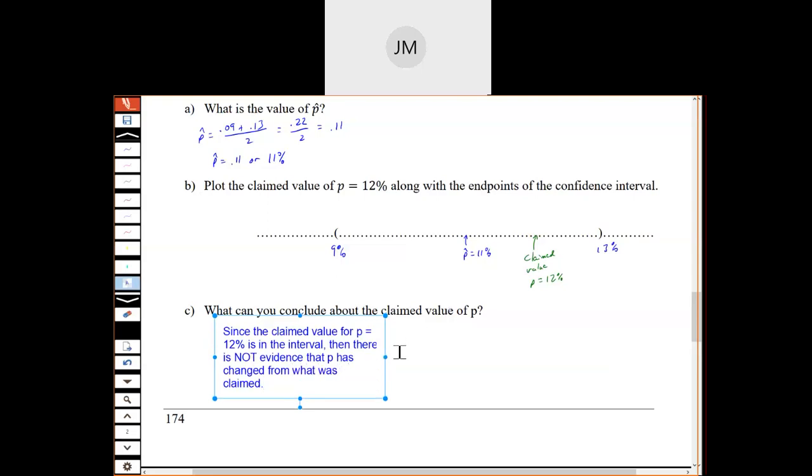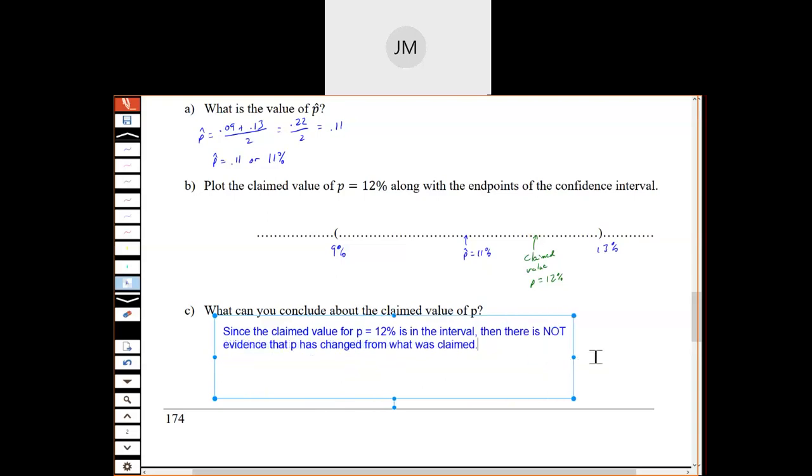So notice that saying that we don't have evidence that they're wrong is not the same thing as saying that we have evidence that they are right.